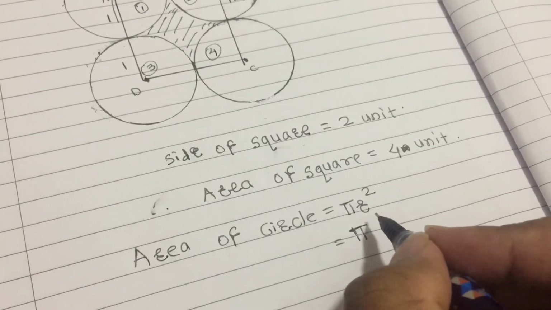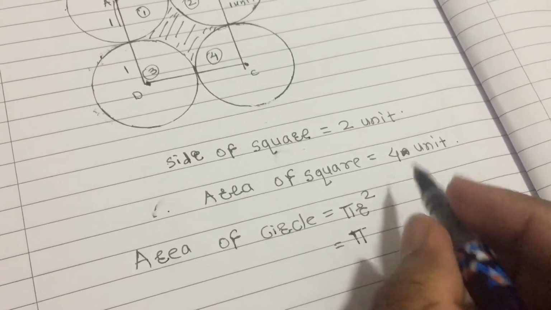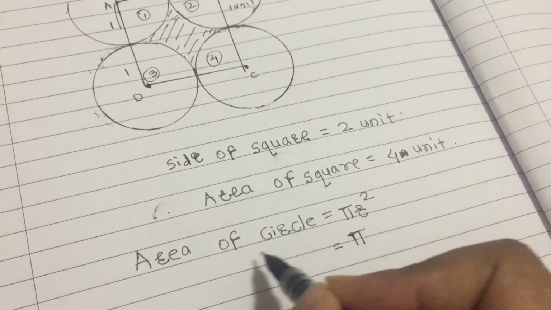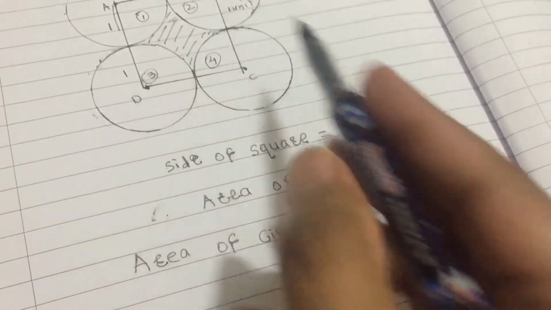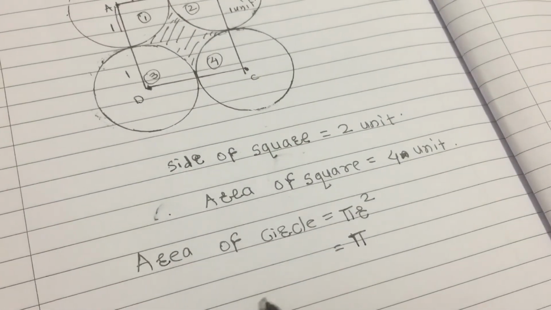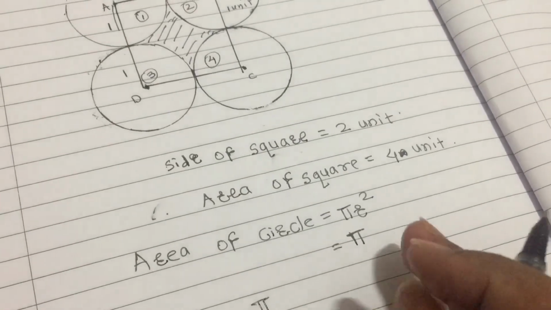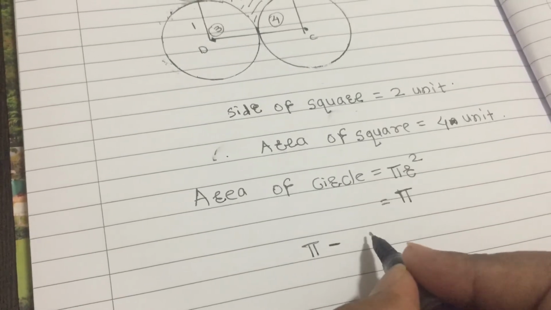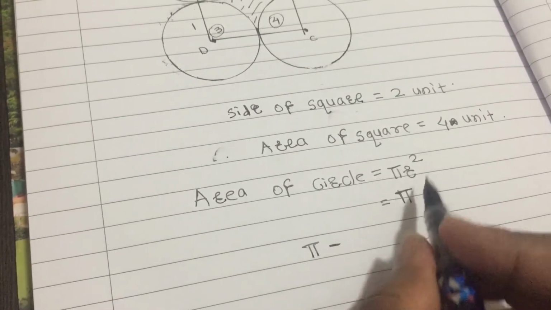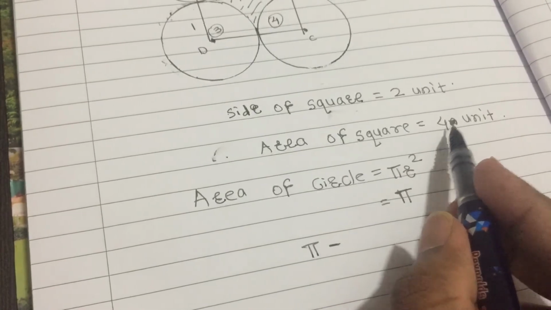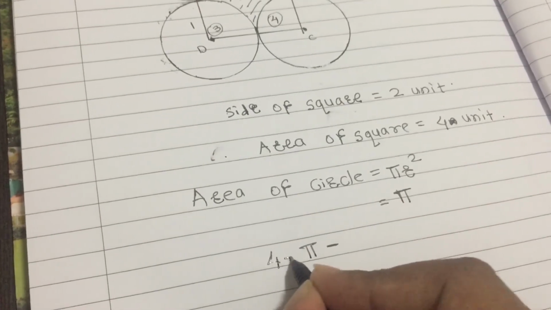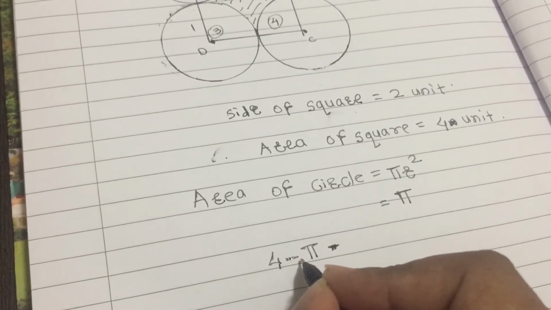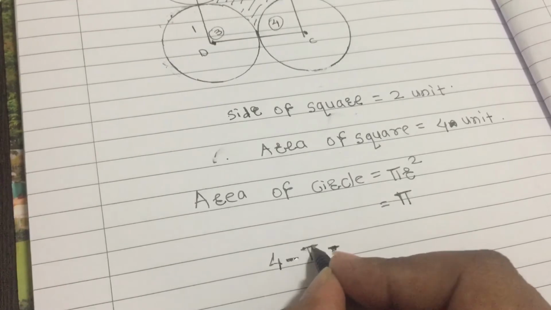So the area of the square is 4 units minus the area of these 4 parts, which is pi. Sorry, this is 4, so we can write 4 minus pi, because the value of pi is less than 4.